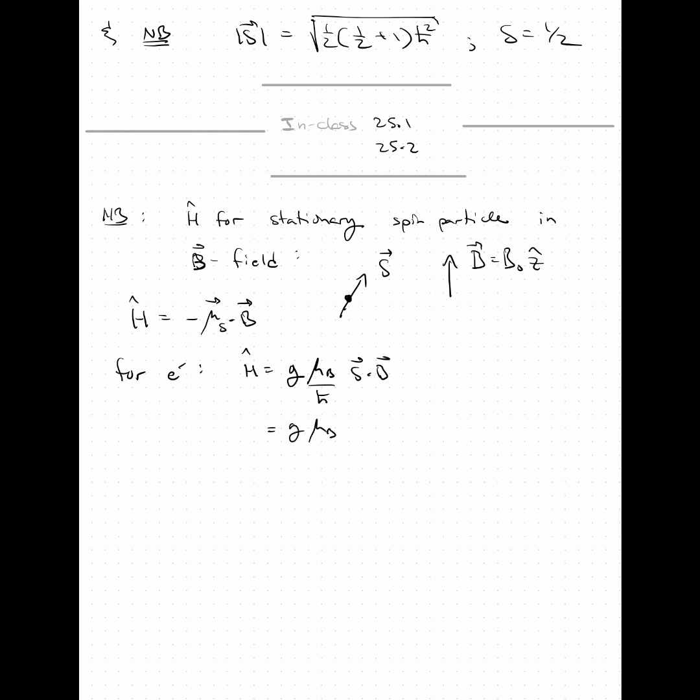g mu b over h bar B naught S z, and g for the electron is 2, we found before. And the eigenfunctions for S z are these chi's. They behave like the following.